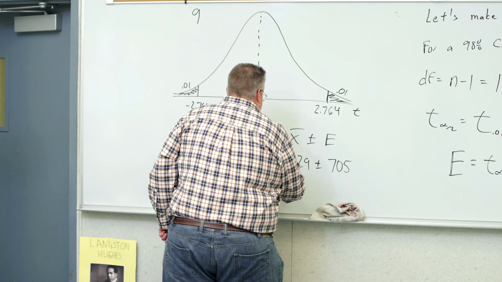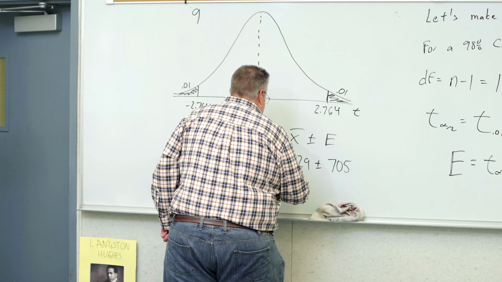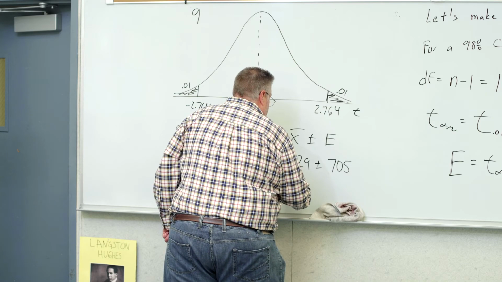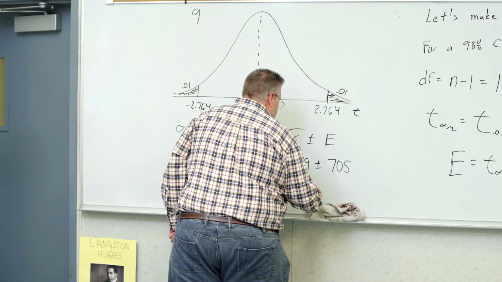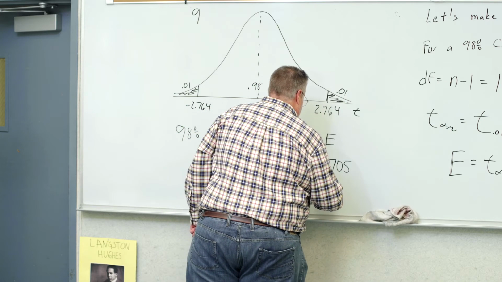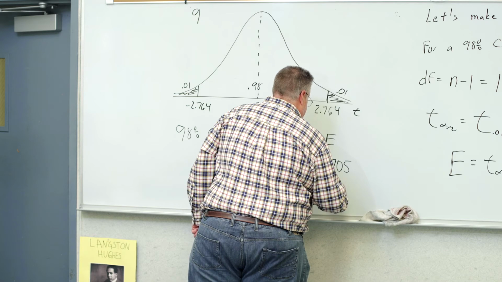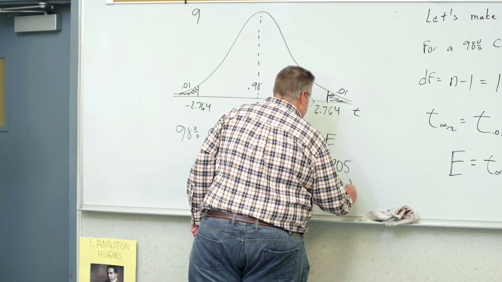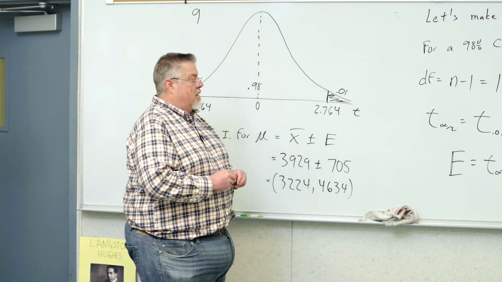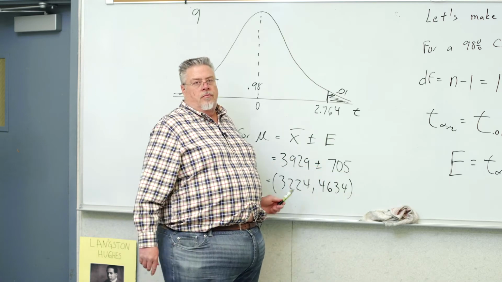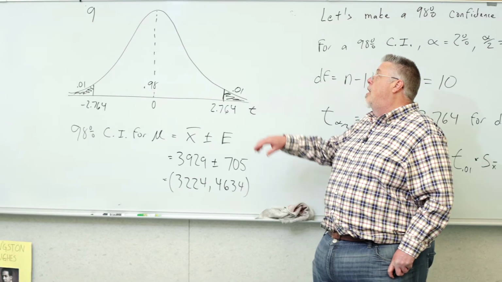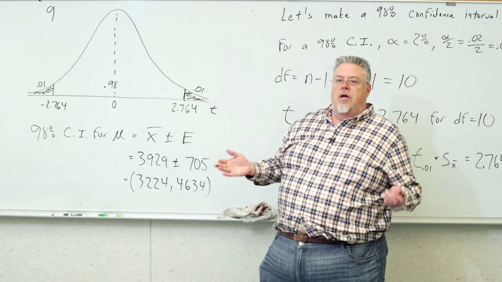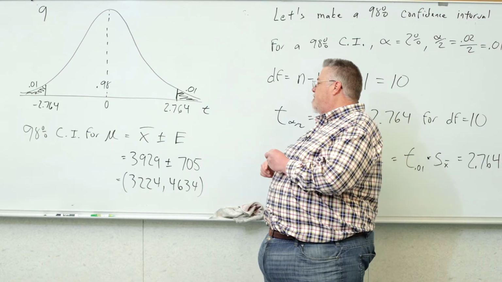But I just want to be able to sort of finish this off and call it 3224 up to 4634. Now again, this is wrong because I foolishly didn't write down what I was doing as I was going along, had to erase the board, don't have a class full of people to ask.